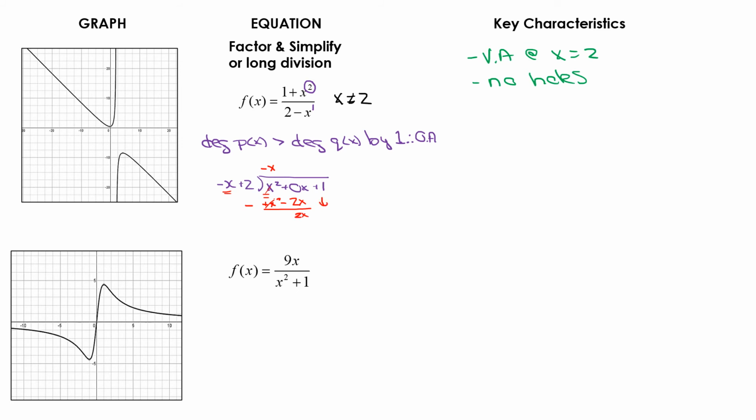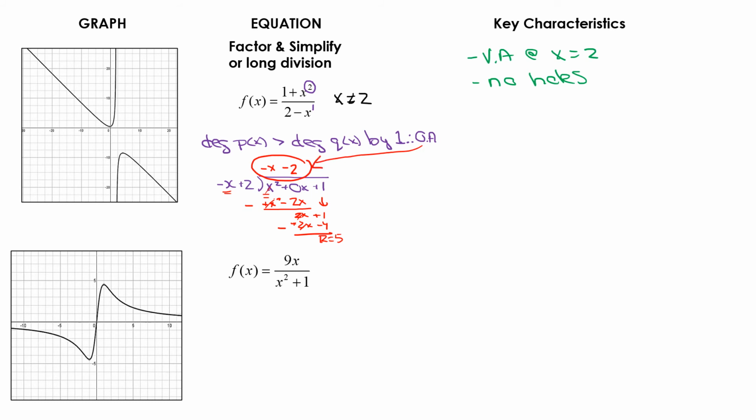Bring down the 1. Divide again. Minus 2. Negative 2x minus 4. And that's positive. Did that twice. Positive 2x minus 4. Subtract. These are gone. And this is left with a remainder of 5, which is no problem. I don't really care about that. This is what I care about. This is my oblique asymptote.